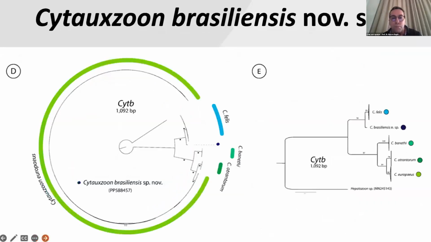These results were supported by the phylogenetic tree based on the near complete cytochrome B, which is a mitochondrial gene. And again, we can see here that Cytauxzoon brasiliensis is very closely related, but distinct from Cytauxzoon felis. This was supported by a high bootstrap value.